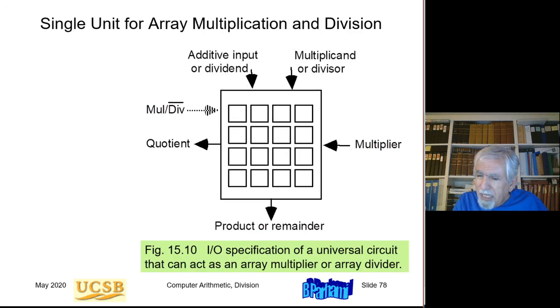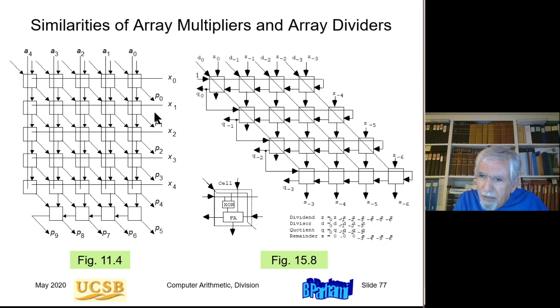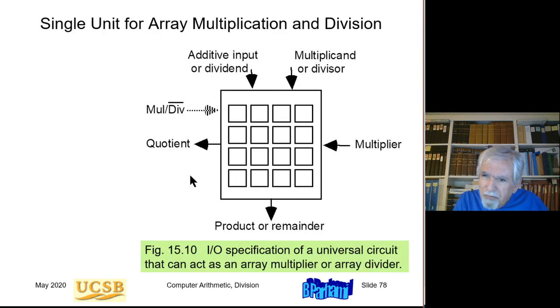So this gives us an idea to build a universal array that can multiply or divide, according to the command given to it. If we ask it to multiply, it basically uses the cells in this way. And if we tell it to divide, it uses the cells in that way.